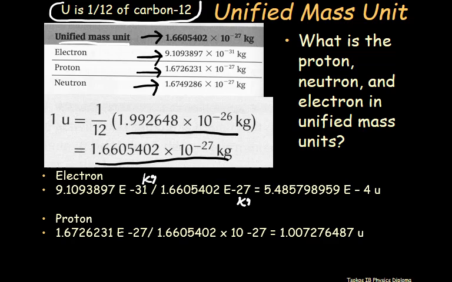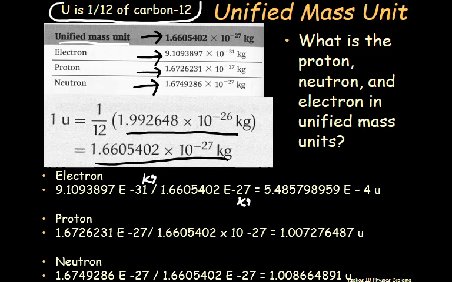The unified mass unit for a proton is 1.007276487, and for a neutron, 1.008664891 U. So it turns out neutrons on their own are a little bit heavier than protons. Up to this point, we've just used one, but now we're going to need a further decimal spot, because we're going to be looking in detail at what's happening inside the nucleus. So make sure you have each of these values down on your paper, and as we move forward you'll be able to use those.